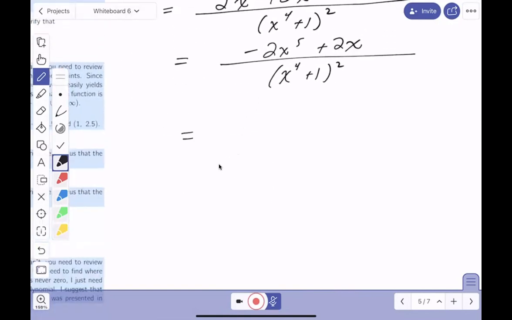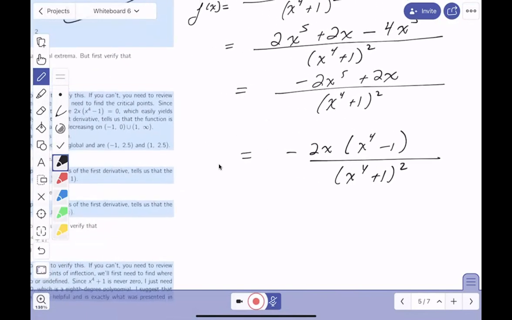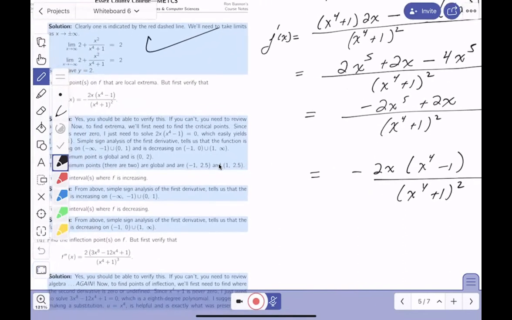I would probably factor out a minus 2x now. And what do you get over there? x^4 minus 1 over x^4 plus 1 squared. I just want to see if I got it. And I'm looking at the key. Bingo, success. I got it.